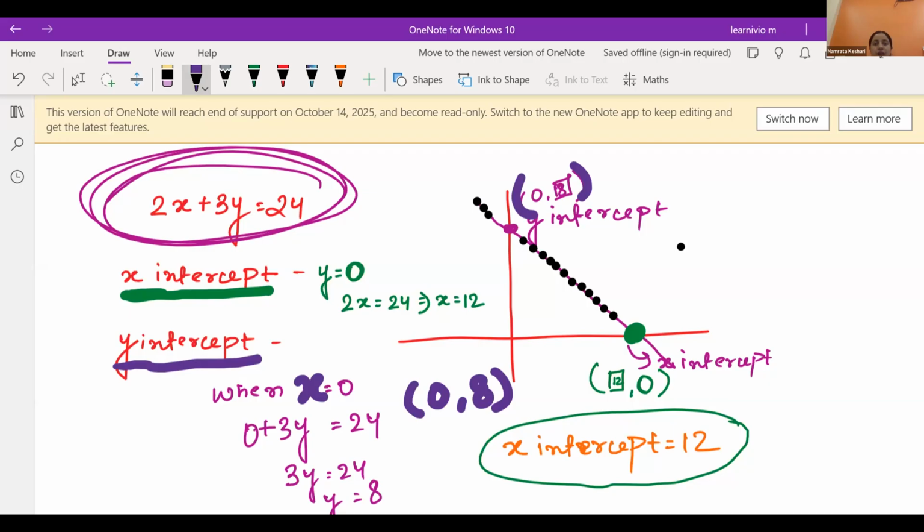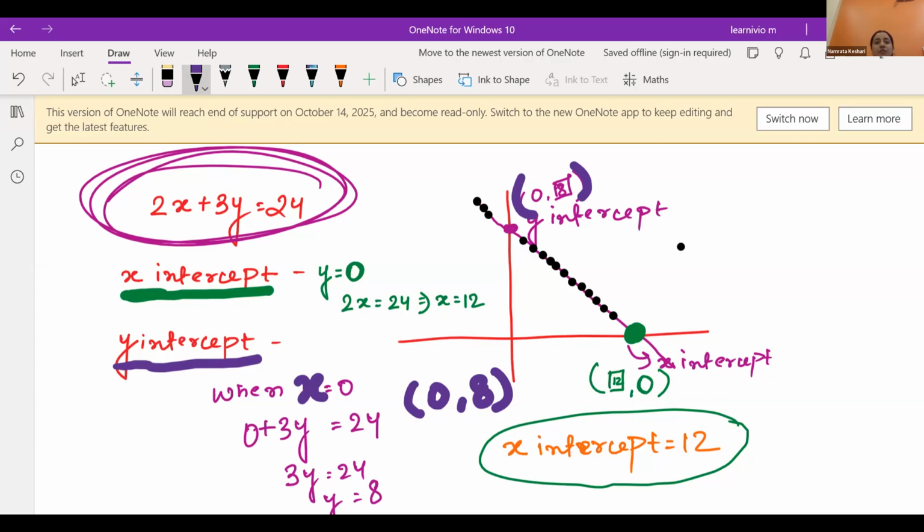Yes, sir. Okay, now you can see the line, the graph. On this graph the black dots represent so many points lying on this line. Infinitely many points are there, but these two points which we found just now are really important. One is known as x-intercept, another is known as y-intercept.